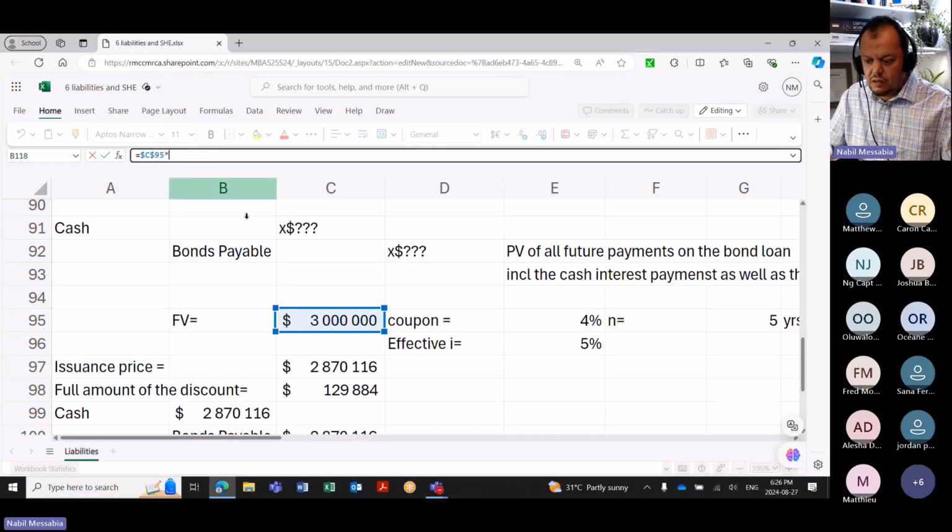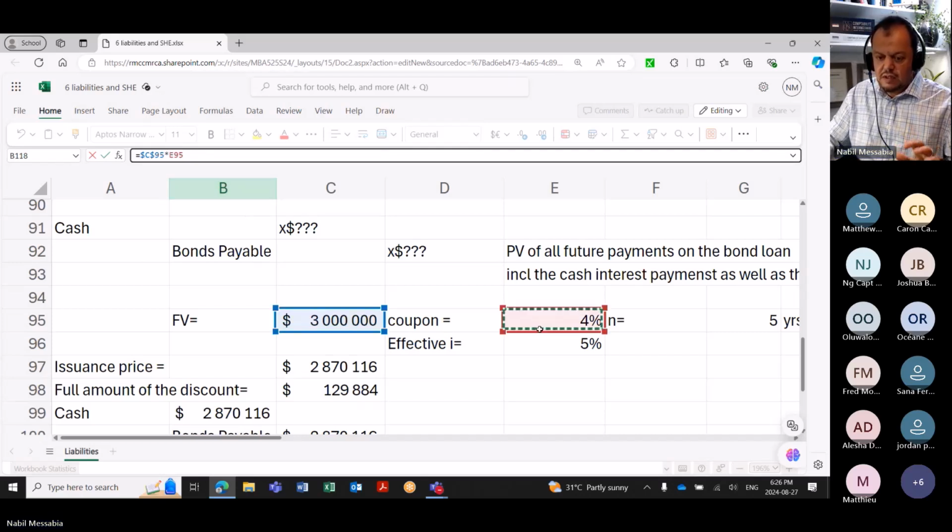It will never change. And dollar here also.